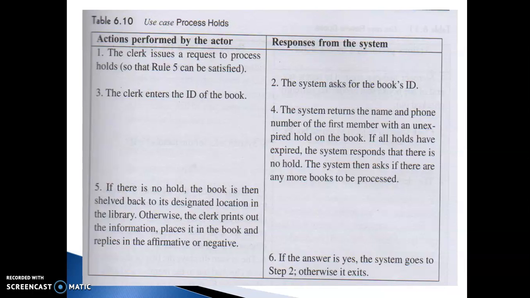If all holds have expired, it means, suppose I am using two books, it checks whether all the holds are completed or not. Here he has used the word expired. Suppose I'm holding a book for 1 week, then I should hold it for 1 week, so it checks whether it is completed or not.